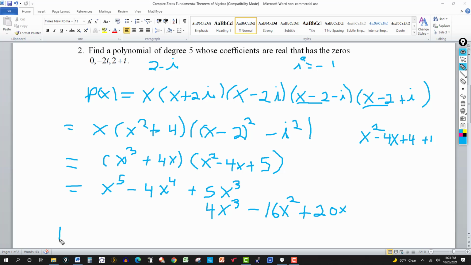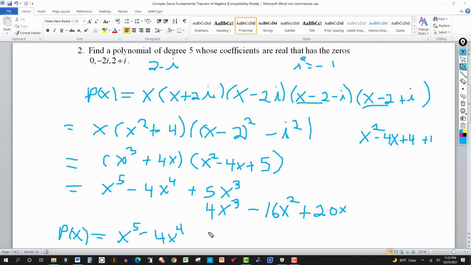So the answer to this one, in the simplest form we could give it here, would be p of x is equal to, and then we just write out the terms, x to the 5th minus 4x to the 4th.